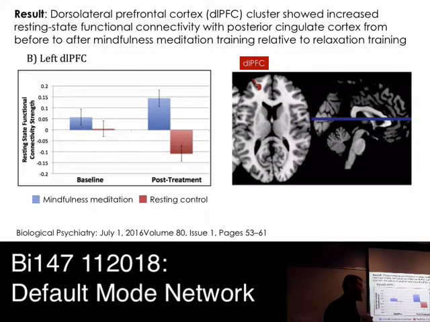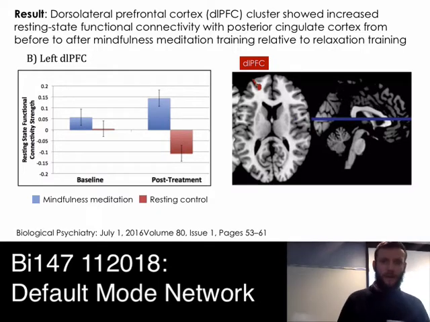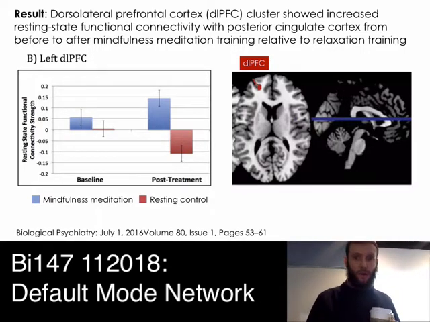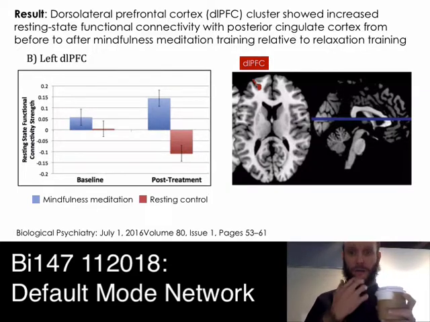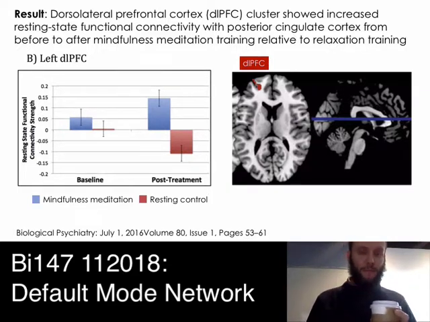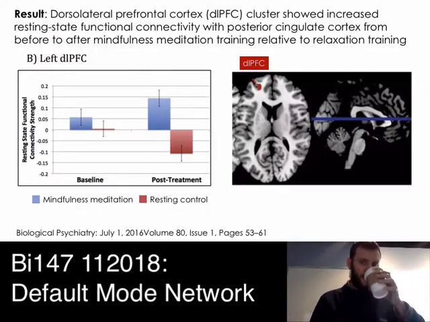So this is that kind of a study where it's looking at connectivity, white fiber connectivity between parts of the brain, the posterior cingulate and the dorsolateral prefrontal cortex, before and after mindfulness meditation training, relative to relaxation training.